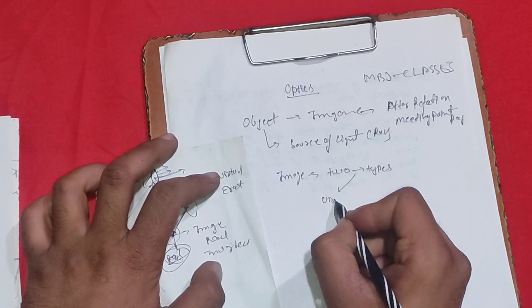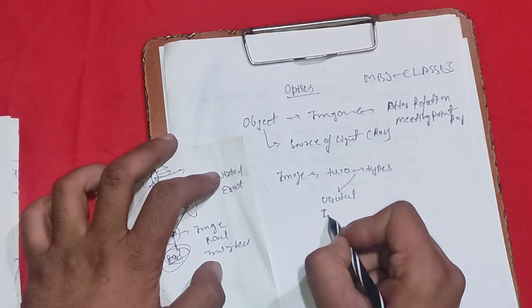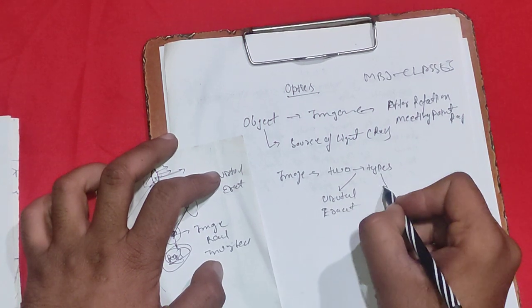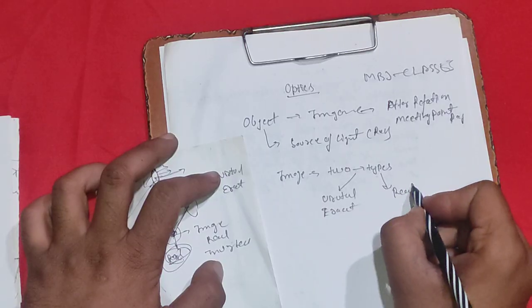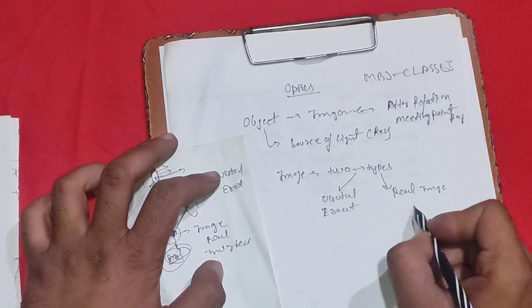First is virtual, always erect. Second is real, image inverted.